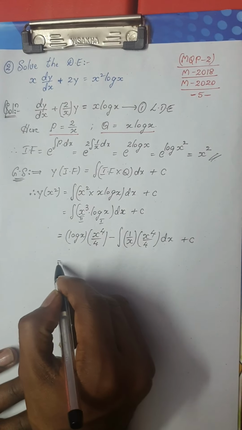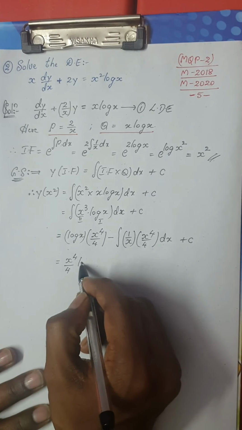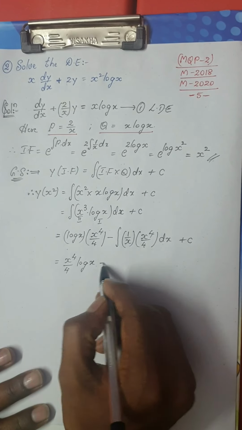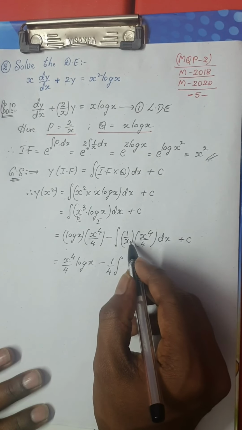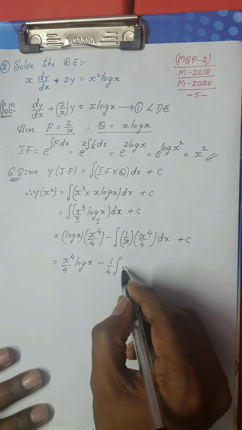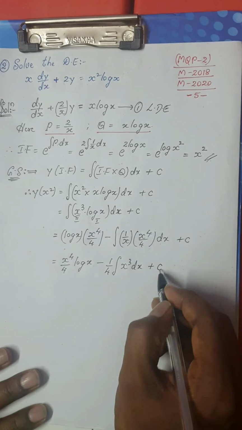So I would write it as x power 4 by 4 log x minus, let me bring this 4 outside, integral of 1. Now you have x power 4 by x, so this would be x cube dx, plus c.